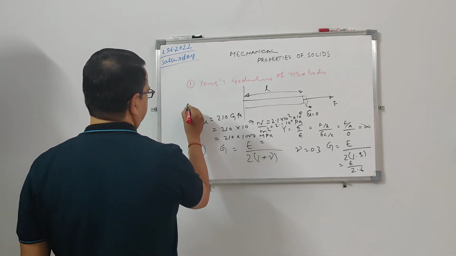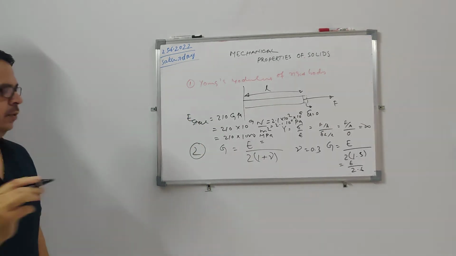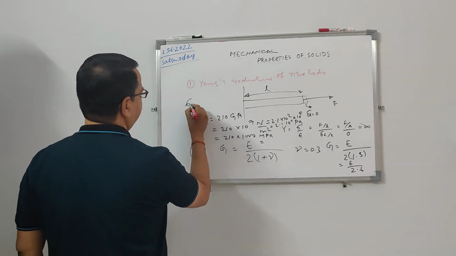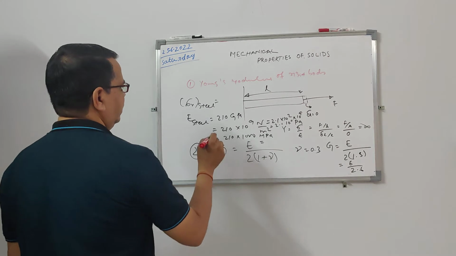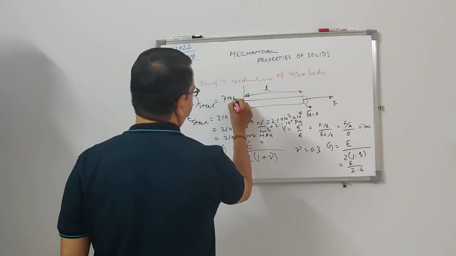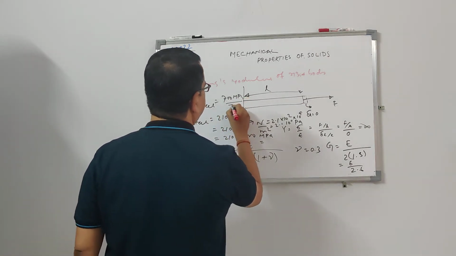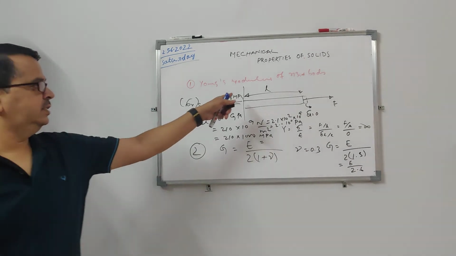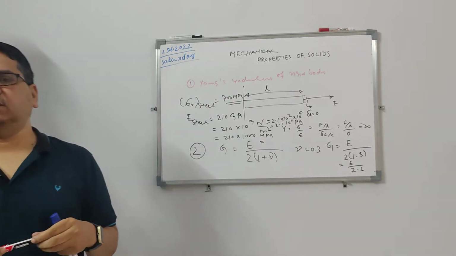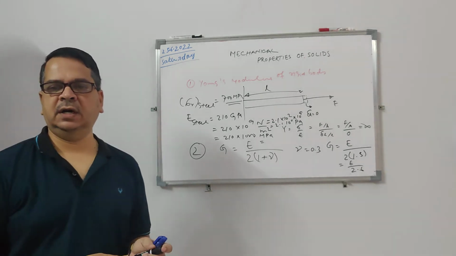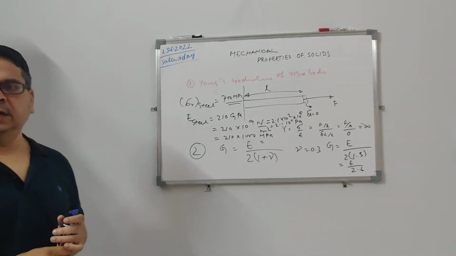Normally we have two important values. One is sigma y of steel, the yield point of steel, which is normally 700 MPa. Just remember, this is 700 MPa and this is 200 GPa. So the Young's modulus value is almost 1000 times more than the yield strength.